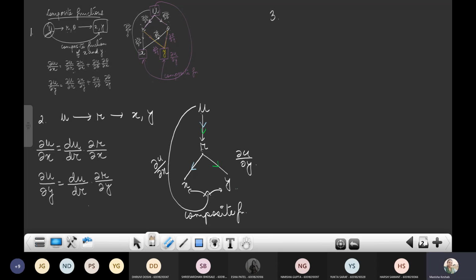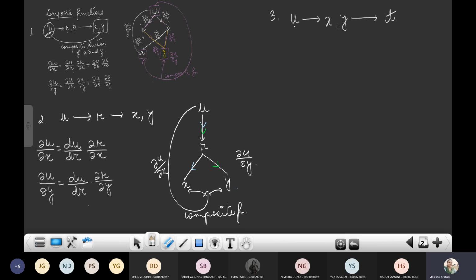Okay. Then third type can be that u is a function of r and theta, and r and theta are functions of say t. Okay, let me just change it to x and y for us to fill it in the next case. So here I say that u is a function of x and y, and x and y are functions of single variable t.